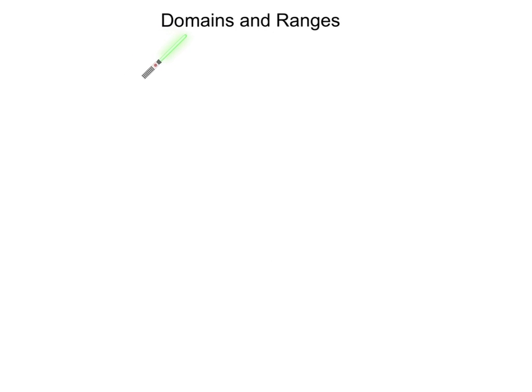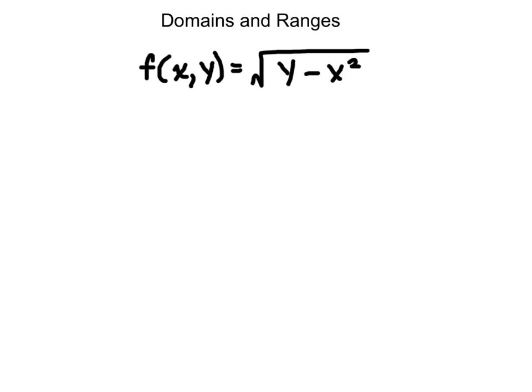Let's take a look at domains and ranges. In defining a function of more than one variable, we follow the usual practice of excluding inputs that lead to complex numbers or division by 0. Let's look at the function f of x, y is equal to the square root of y minus x squared.